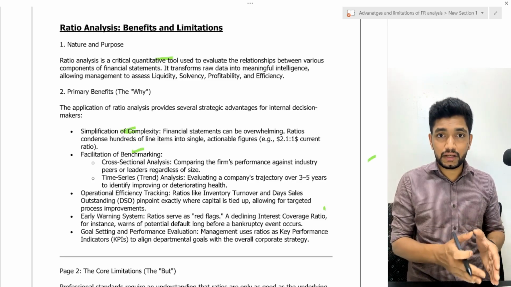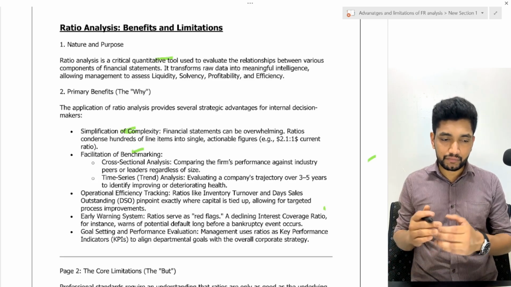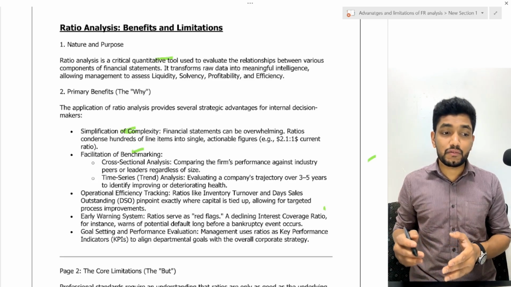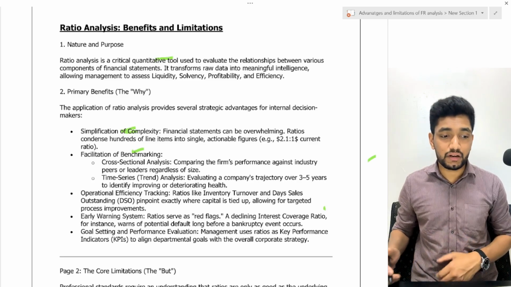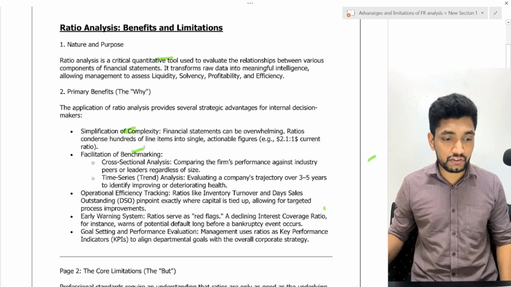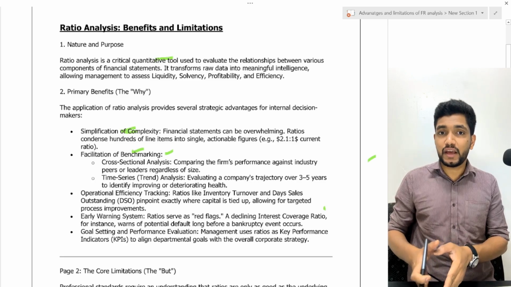So the second benefit of ratio analysis is facilitation of benchmarking company performance against the standard.